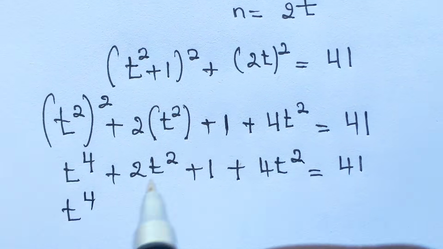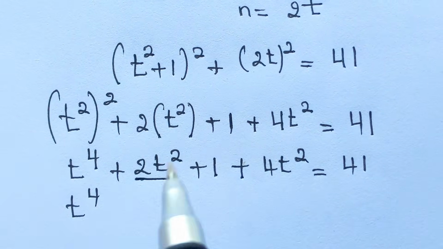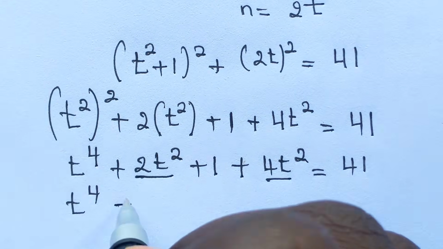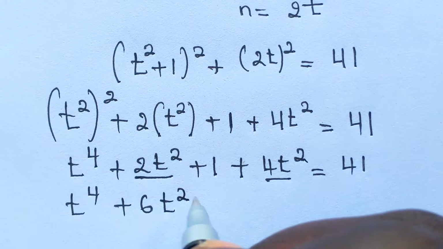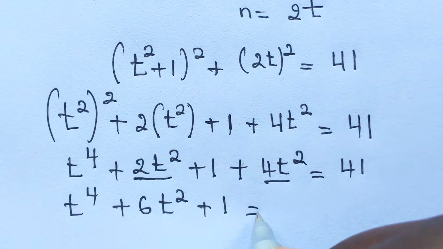So t to the power 4 plus 6t squared plus 1 will be 41.